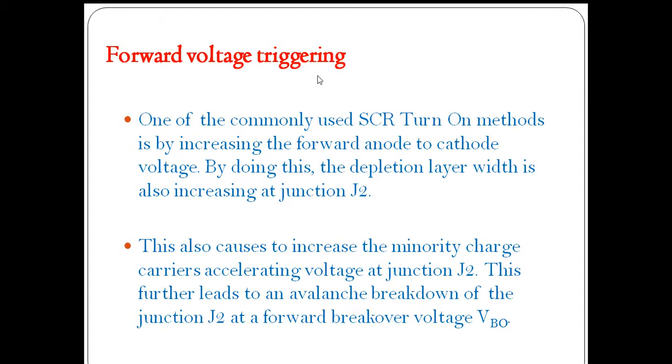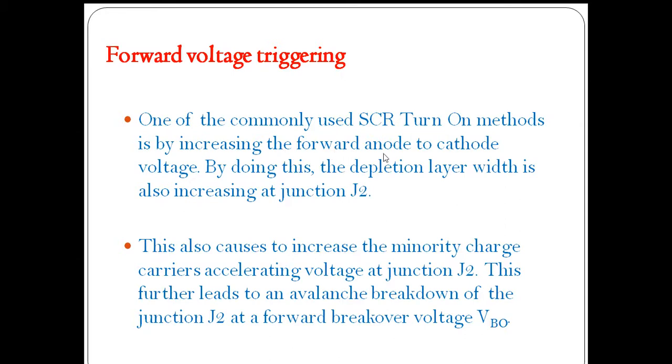That method is called forward voltage triggering. Whenever the positive supply voltage of the SCR exceeds the breakdown voltage of junction J2, the device starts conducting. So that method of triggering the SCR is called forward voltage triggering.